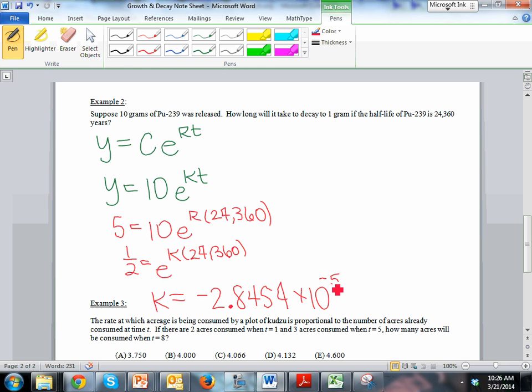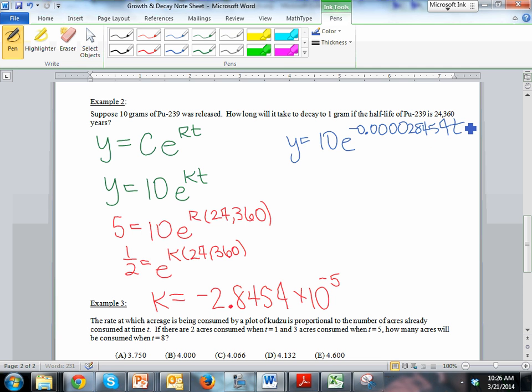So our equation, y equals 10 e to the negative 0.000028454 t. It should be 4 zeros, right?